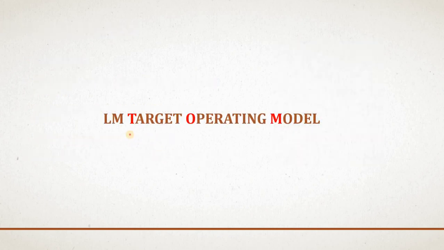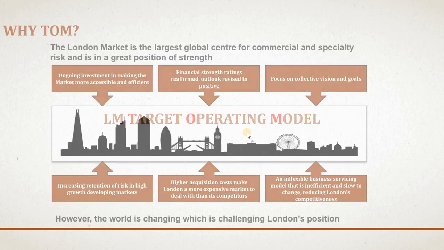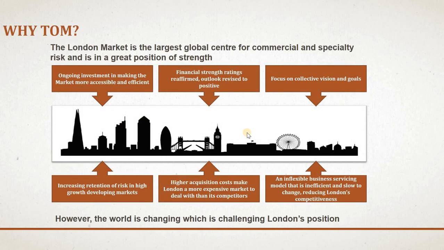So let's begin with the target operating model overview. Before starting, we have to understand why the LMA needs the TOM program. As you can see over here, the London market is the largest global center for commercial and specialty risk, and it is in a great position of strength.